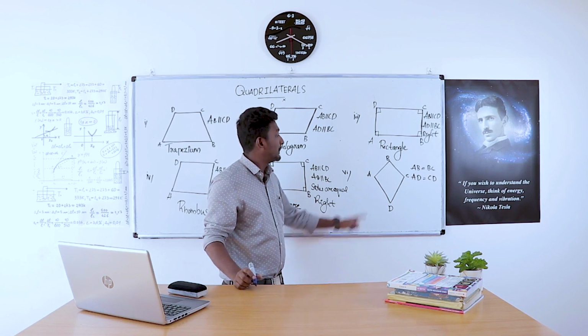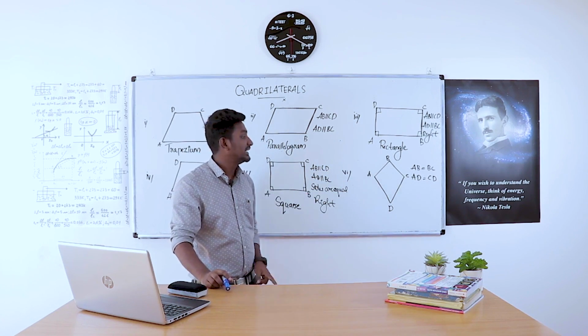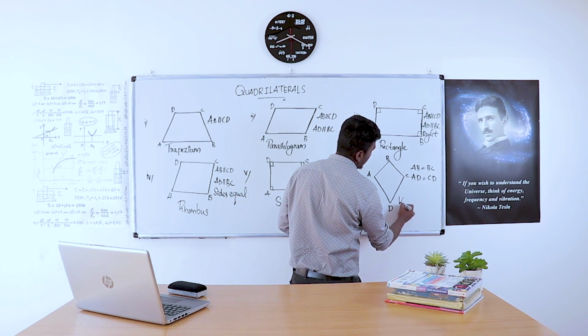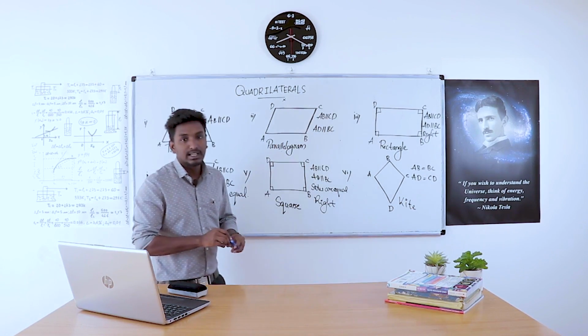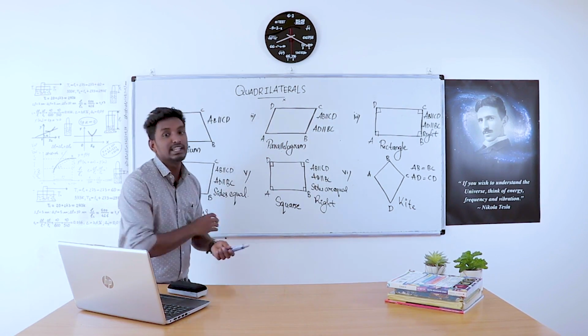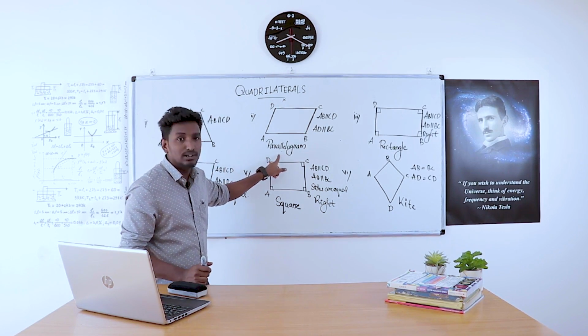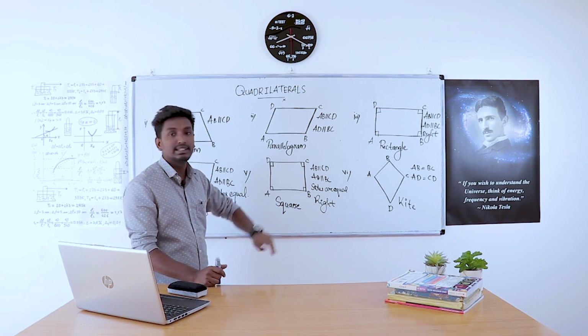That means pairs of adjacent sides are equal. Then this figure can be called a kite. These are the classifications of quadrilaterals. That means trapezium, parallelogram, rectangle, rhombus, square and kite.